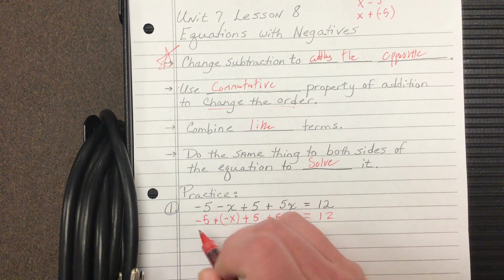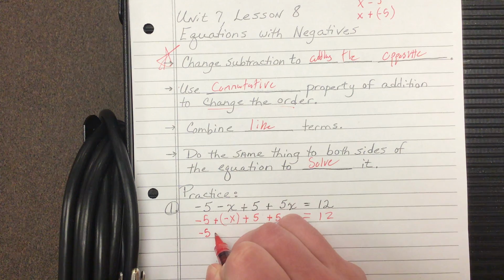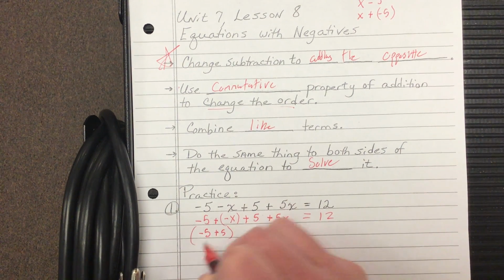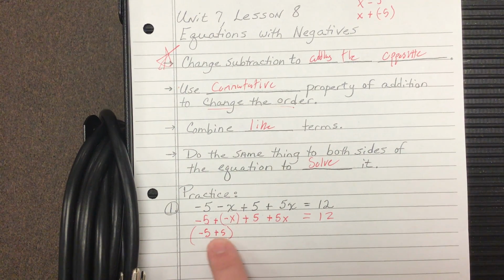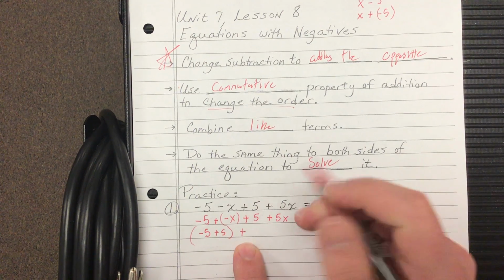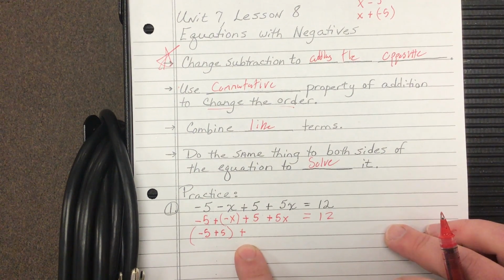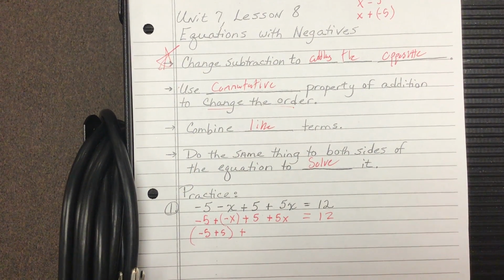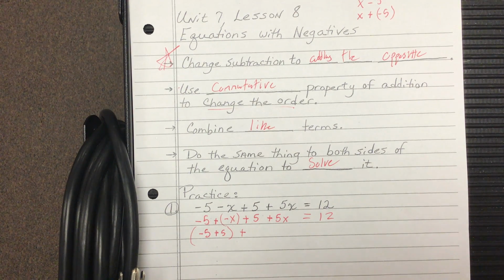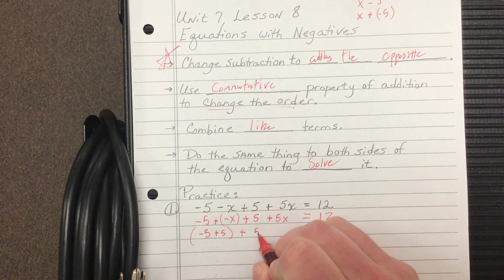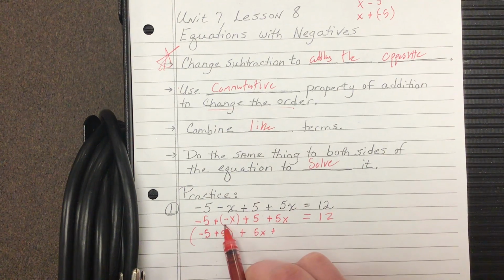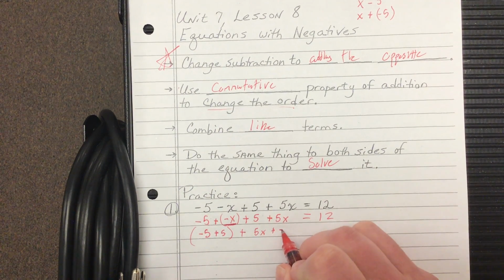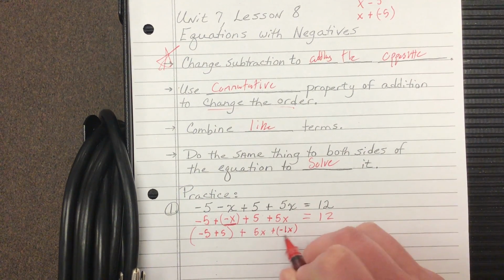Yes, so we're gonna group those together. -5 + 5 would be 0, but we're skipping a step. What's our other set of like terms? The 5x and the x. So 5x plus, and remember when you see -x, that's just -1x.